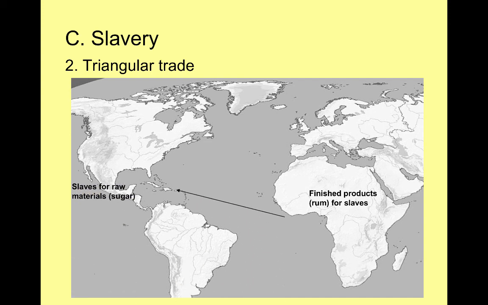Now, once the African tribal leaders have taken their fellow Africans and sold them to the Europeans, they're loaded on a boat and taken across the Atlantic to the New World. By far, the vast majority of African slaves are going to go to Brazil or the Caribbean because that's where they grow sugar. And sugar is another cash crop that has even higher profits than tobacco.